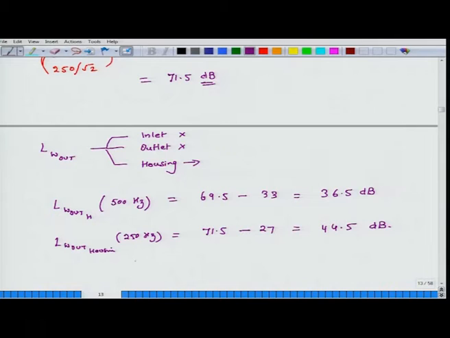Understood? Similarly, I have to compute for all other frequencies also.